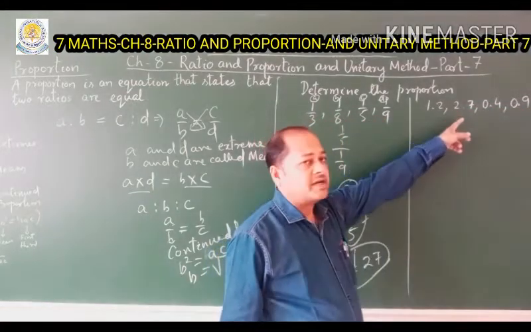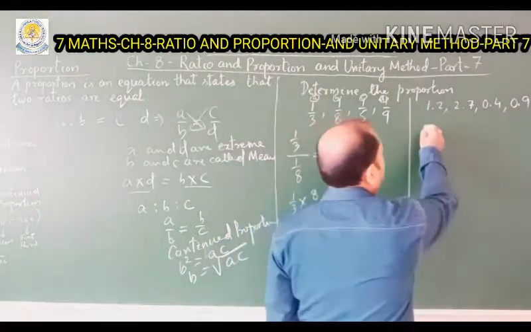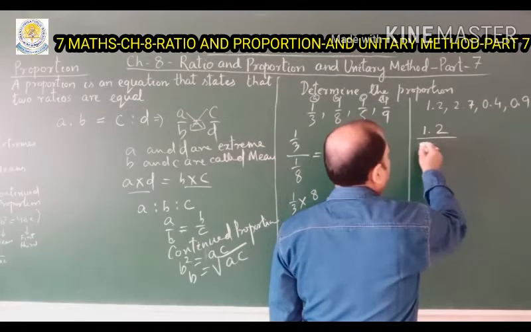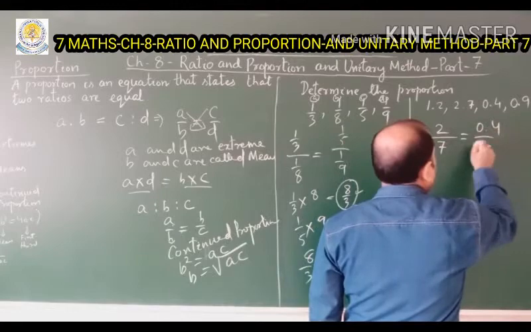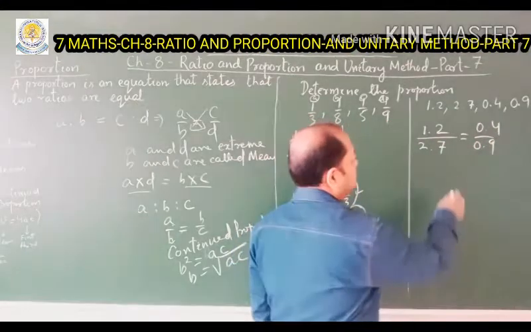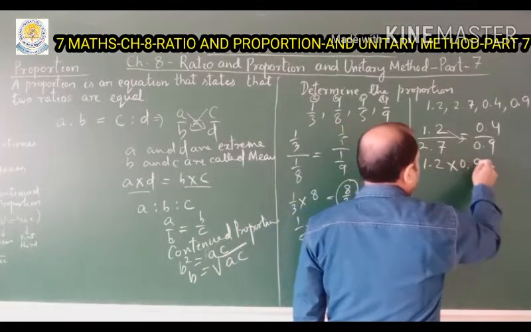1 to 2.7. There are 4 terms. Write in ratio form: 1.2 by 2.7 equal to 0.4 by 0.9. Here we have to cross multiply to check. So 1.2 into 0.9, how much?